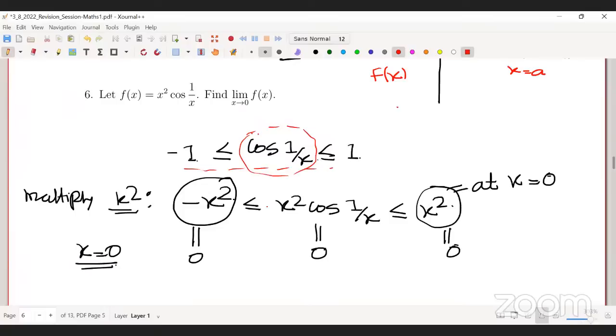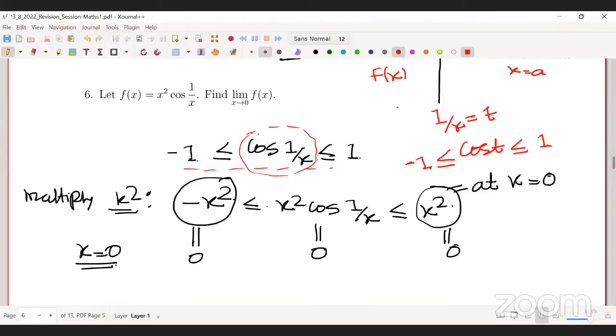So that is what I have written. See, 1 by x will give you some number. Let's say instead of writing cos 1 by x, 1 by x is something, t, and cos t is always less than or equal to 1, and always greater than or equal to -1. So I have written the same thing.